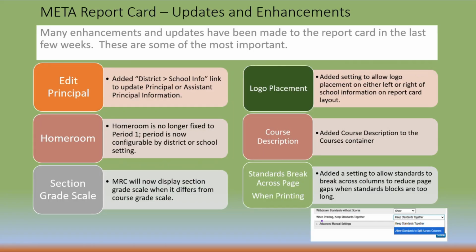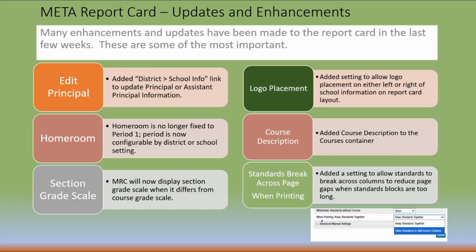So we have a new setting where you can have those standards break across the page when printing. It still shows up correctly online. It looks fine when you look at it on the screen, but when you print it, if you choose the setting that says when printing, keep standards together and say allow standards to split across columns, it will put as many as it can in column 1.